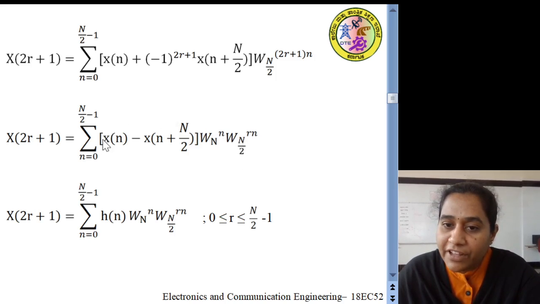If we replace the terms in this bracket with h of n, we can represent X of 2r plus 1 as summation n varying from 0 to N by 2 minus 1, h of n into WN raised to the power of n into WN by 2 whole raised to the power of rn. This is for r varying from 0 to N by 2 minus 1, so X of 2r plus 1 has N by 2 samples.